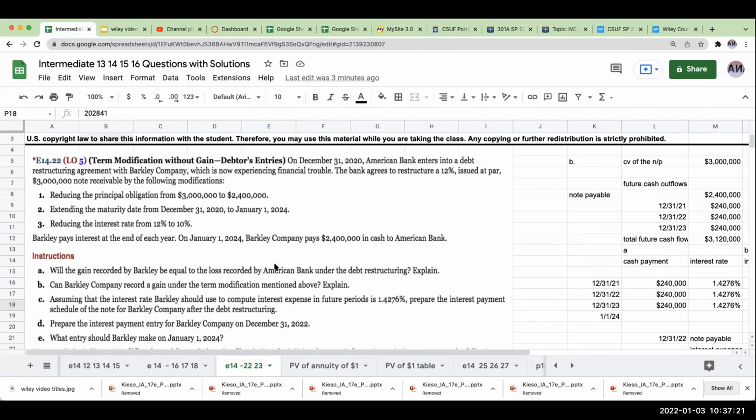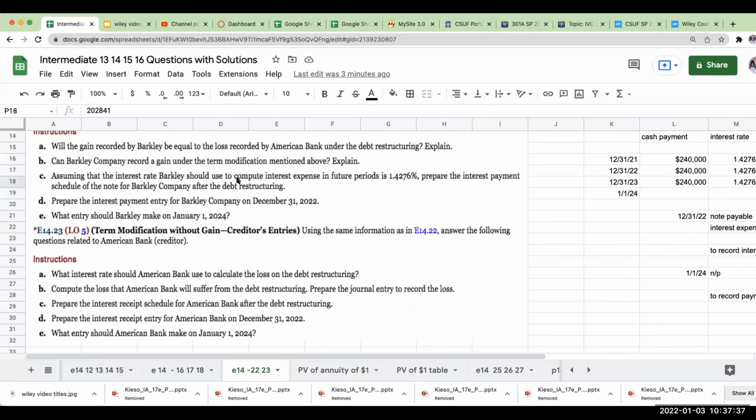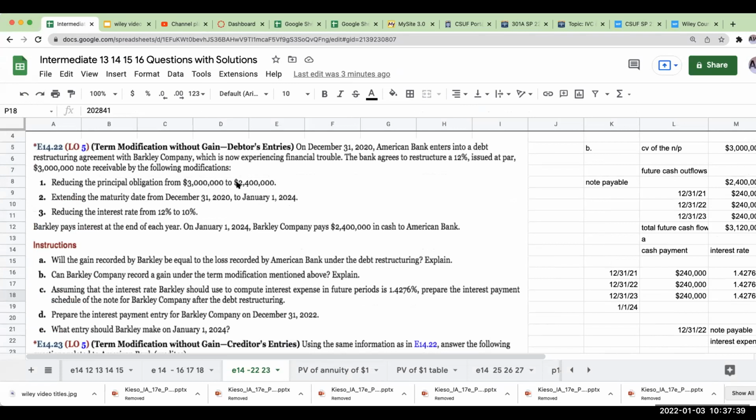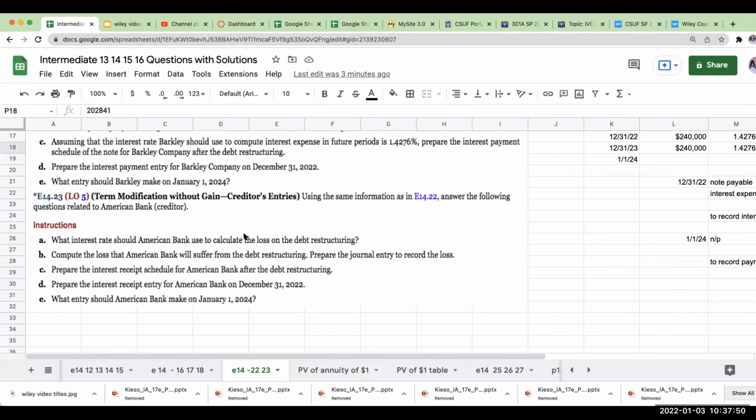The one they're going to use is the original interest rate that was on the note, and I don't disagree with that. It's because that was the expectation that the bank was going to be receiving 12%. So even though they're reducing it to 10%, given that they were supposed to be getting 12, that's what makes sense to understand what the loss is.